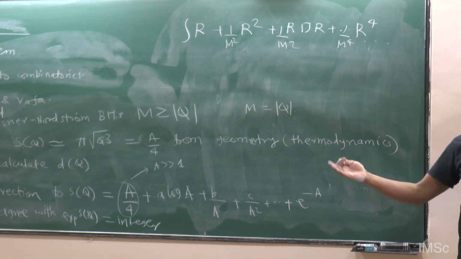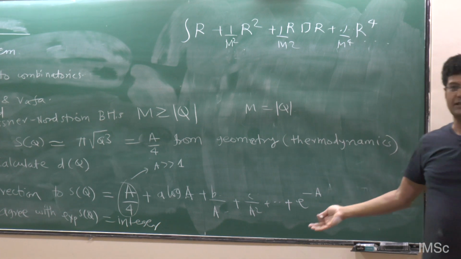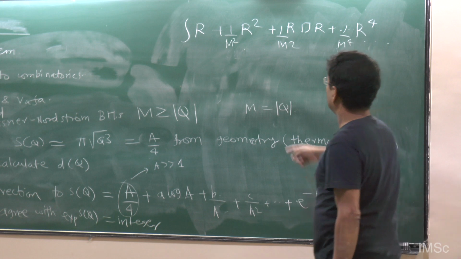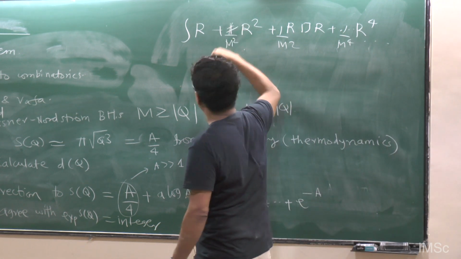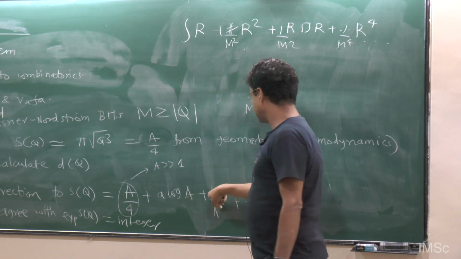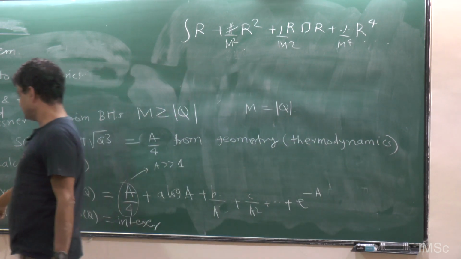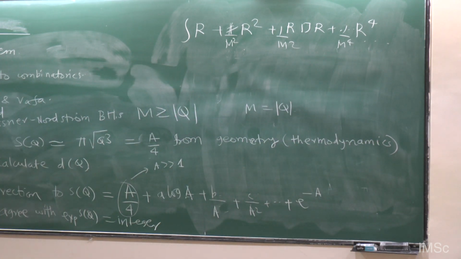Higher dimension operators are always allowed. They will be generated even if you don't add them. And the coefficients in string theory have to be exactly precise to give you exactly these B and C's, such that the resulting answer agrees with D of Q, which you can compute by completely different methods.